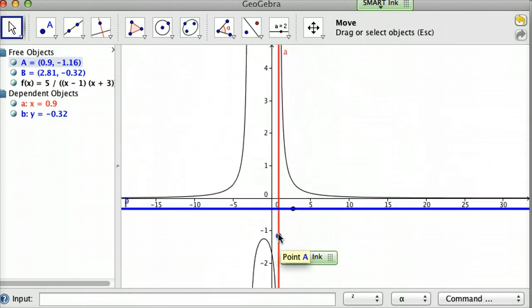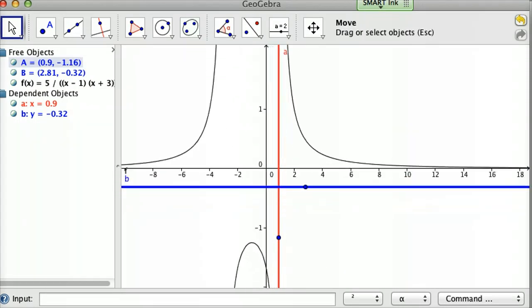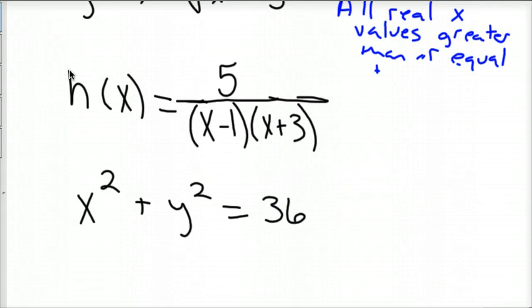And how you find those, let me go back to the equation, is you look at your denominator. Anytime you divide by 0, remember that dividing by 0 gives you infinity or no solution or undefined or domain error in the calculator.